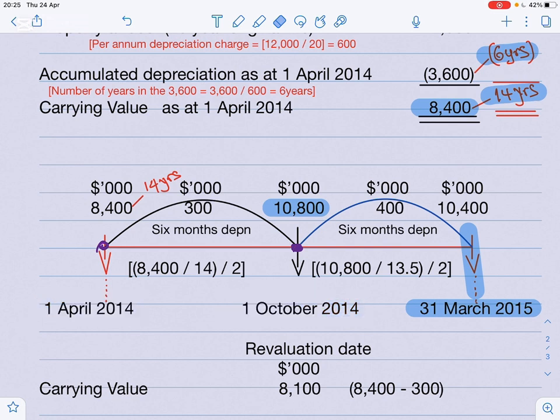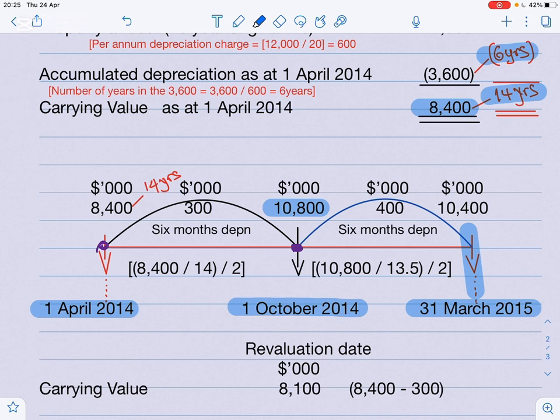So from the beginning of the year, which is 1st April 2014 here, let's count to the date of the revaluation exercise. So we're counting now from the month of April. April, May, June, July, August, September.